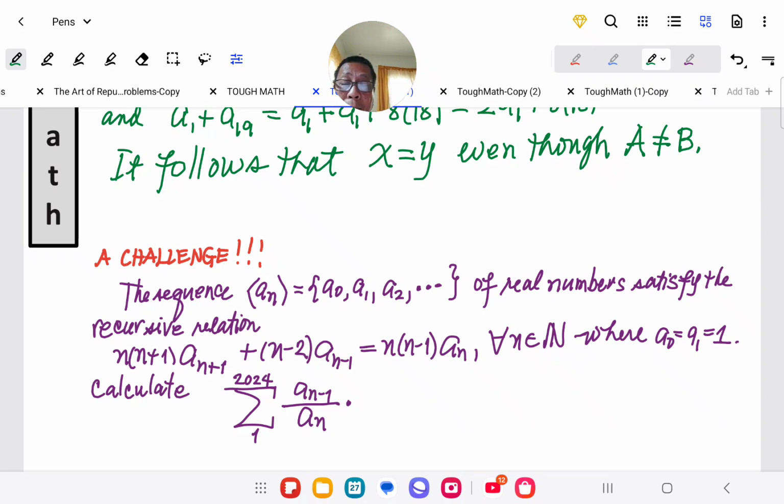Calculate the sum of the ratio a sub n minus 1 over a sub n from n equals 1 to n equals 2024. So that's it for now.